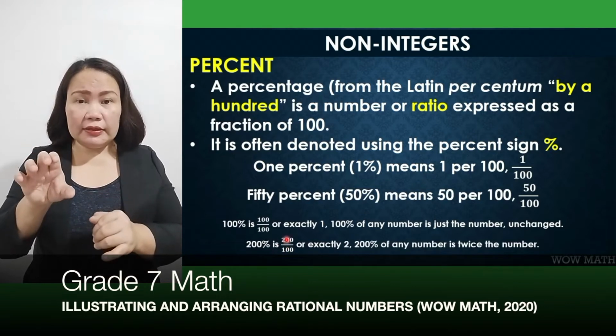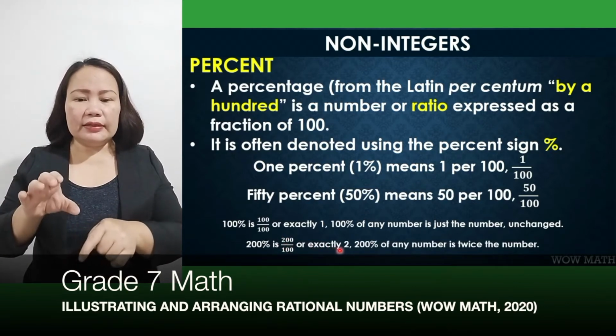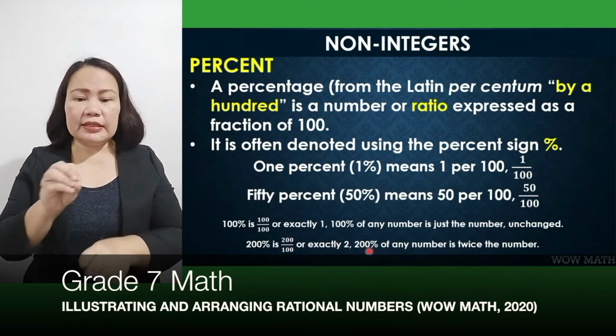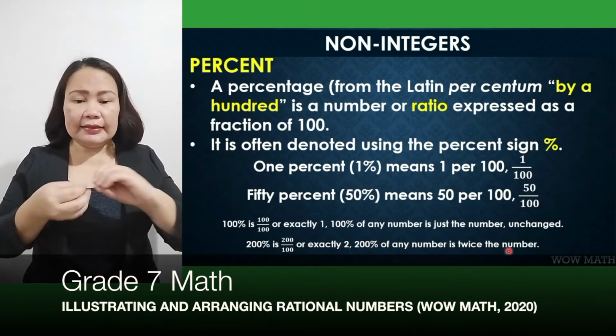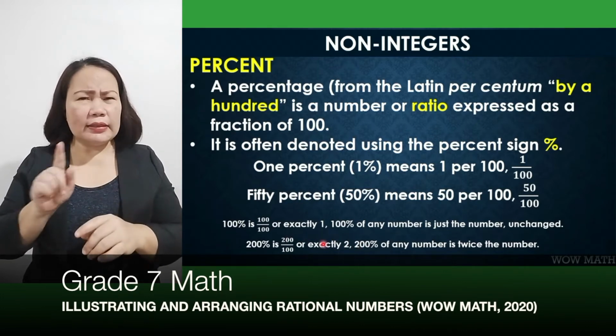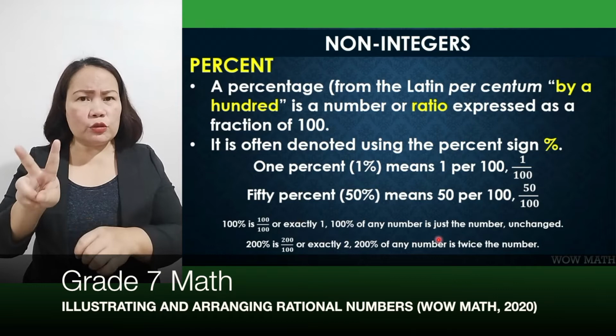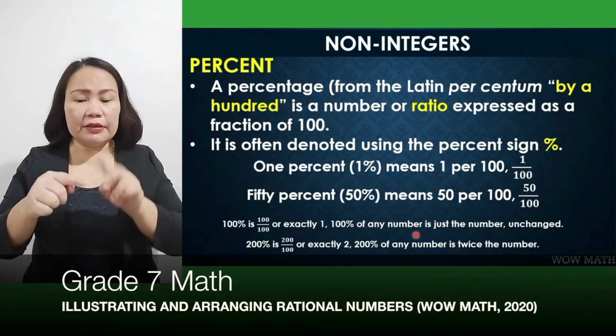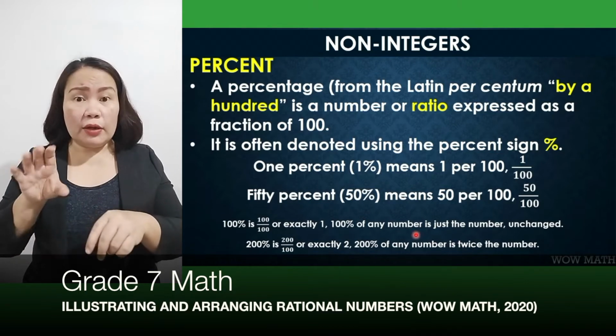So, if we're going to divide this, that is exactly 2. So, 200% is actually twice the number. So, if you were asked, what is 200% of 50? You're going to multiply it by 2, that will become 100. Alright? So, 200% of 2, that is 4.